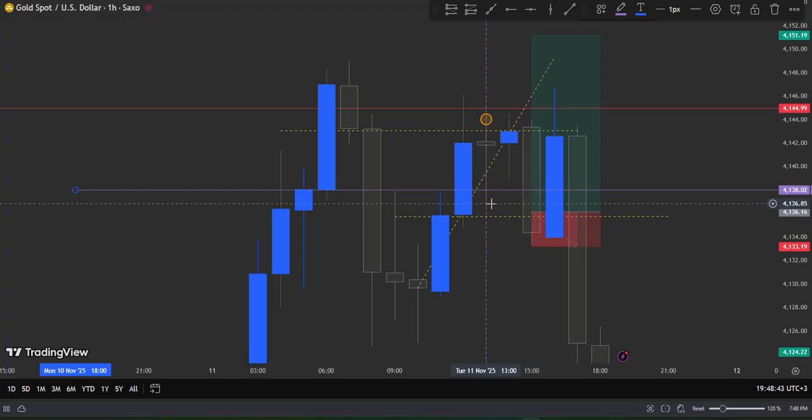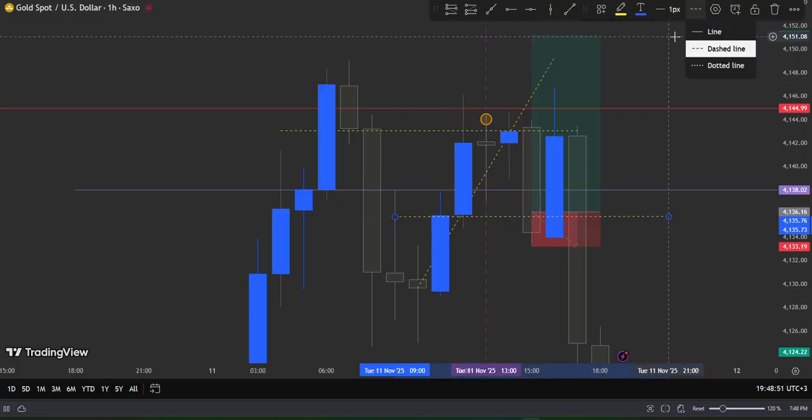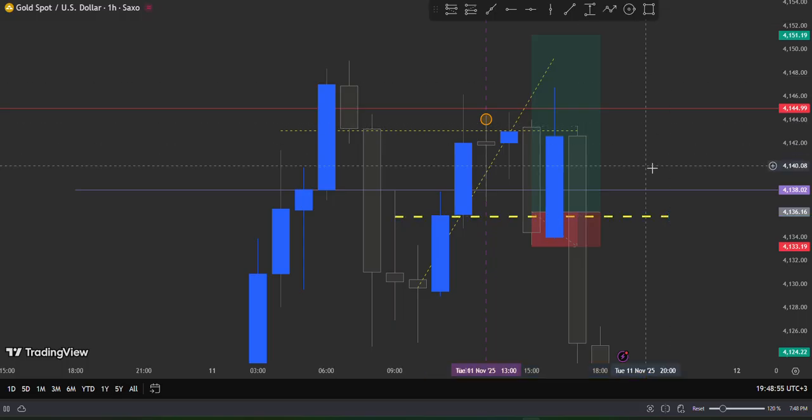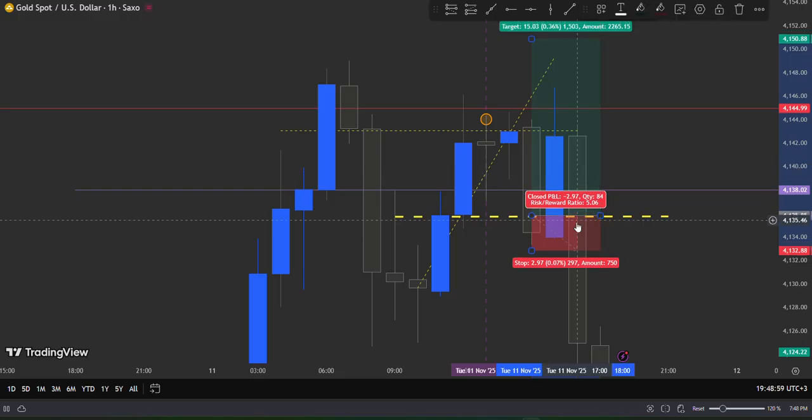So I got this open and close gap here, and I entered the market from there. As you see, the market came, tested it, then it went up.